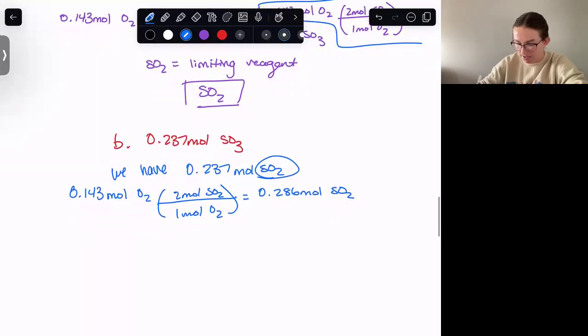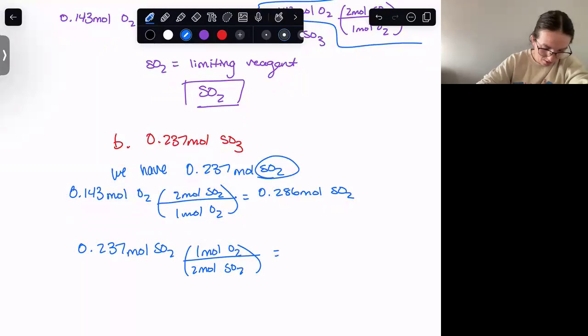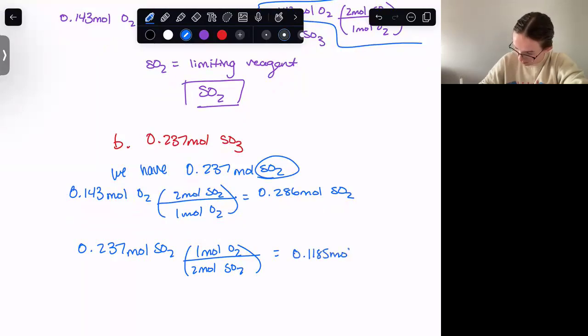In the other sense, right, if we asked ourselves, if we completely use up SO2, I would need to have 0.1185 moles of oxygen.